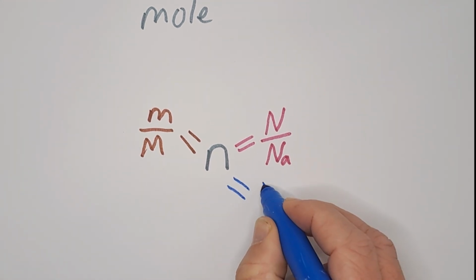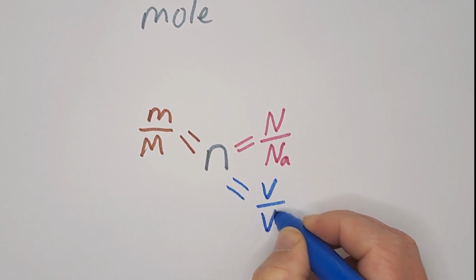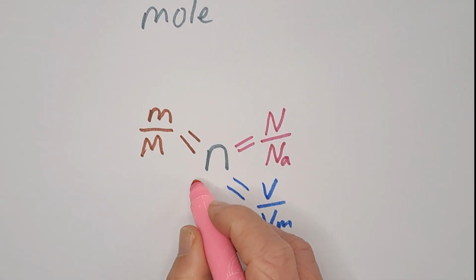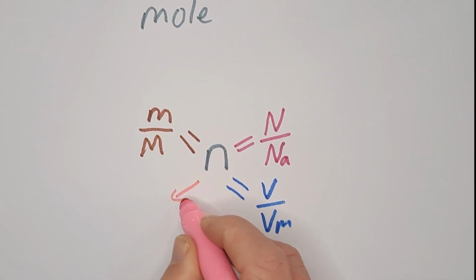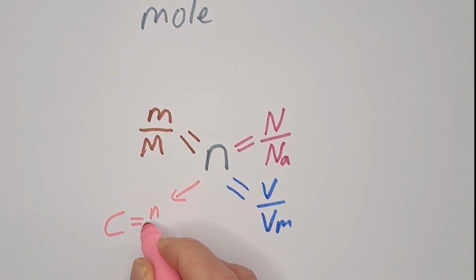So it's going to be volume over molar volume. That is also then a constant. And then the last one, I'm not going to say equal, I'm going to make a little arrow like that. It's where we're going to have concentration equals mole over volume. So let's jump into the 4 formulas.